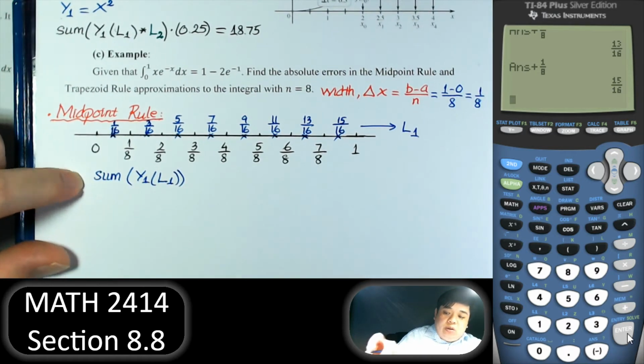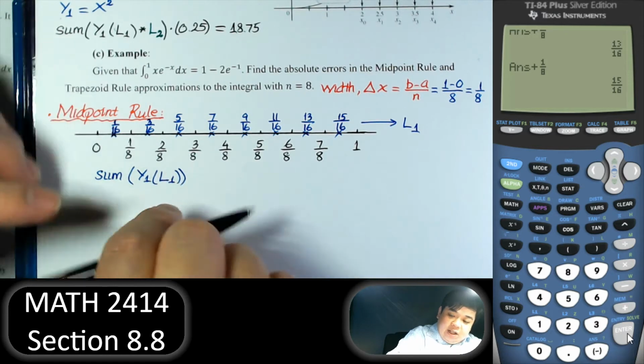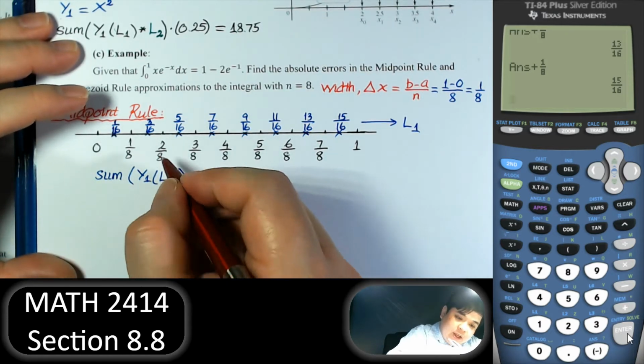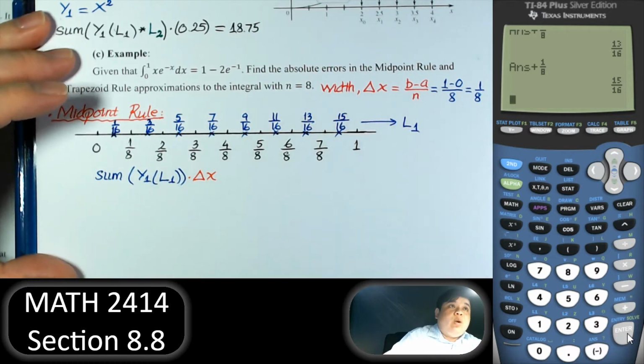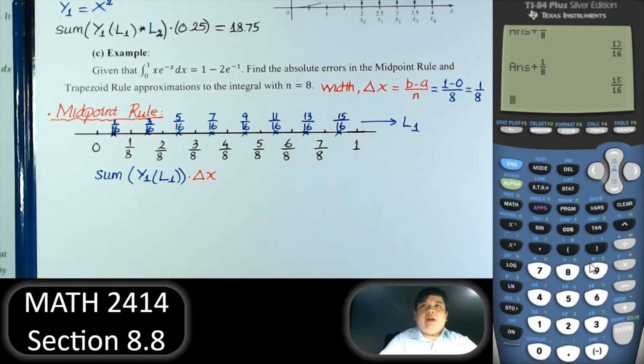So that evaluates all the function, and then at the end multiply by delta x, which is 1/8. Right, now second, open the curly bracket. Now I just enter the points. 1/16.